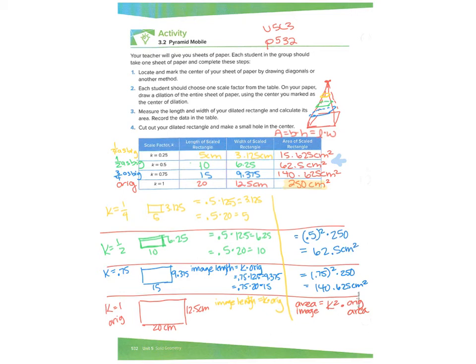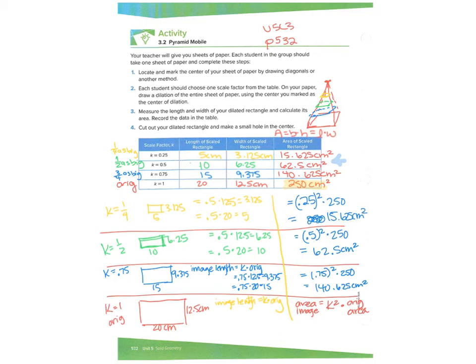So my area is not changing by the scale factor. My area is changing by the scale factor squared. And try it one more time for my 1/4. Square 0.25 and multiply by 250, and you'll find that you get 15.625 centimeters squared.